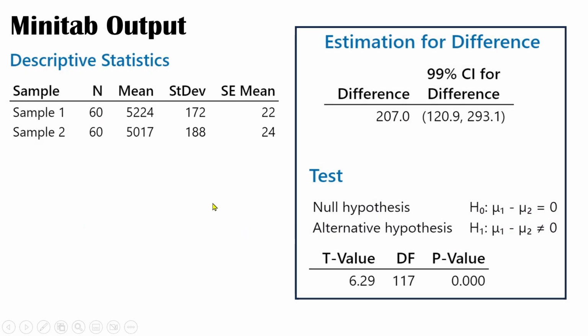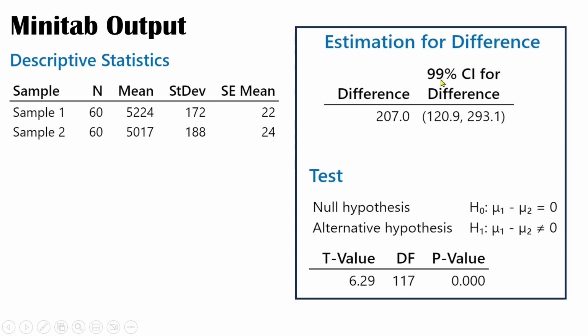Using Minitab, you can see here, that's the Minitab output. You can see our 2 samples. We have the sample size, the sample mean, and standard deviation. Here we have the standard error for this sample mean. That's not something we use in our calculation directly, so we don't need to worry about that.